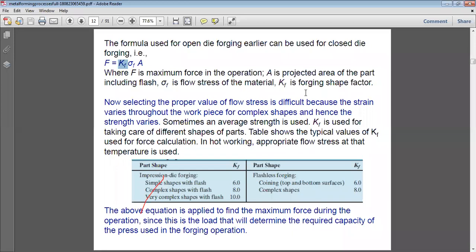If it has a square shape with two or three squares, we take the average value of the squares for this shape factor. This is a table showing the values of shape factor used for force calculation in hot working. The appropriate flow stress for that temperature is used.